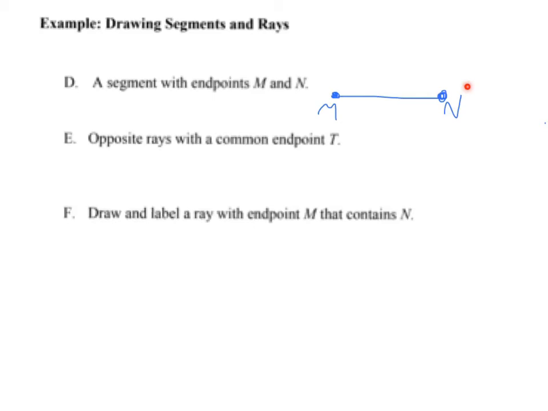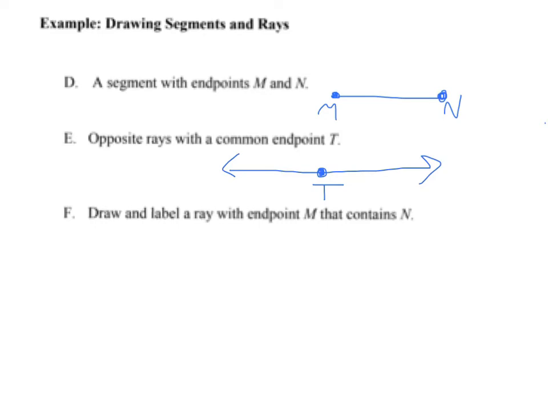Now the next one says opposite rays with a common endpoint T. Now remember, what I was just talking about is that two opposite rays really wind up creating just one line. So if I want to draw this, I'm going to start by just putting a point T, and then I'm going to draw a line going through it, a line with two arrows.